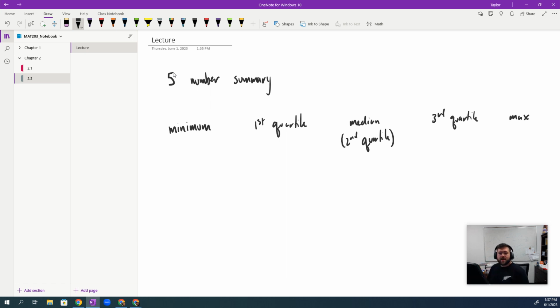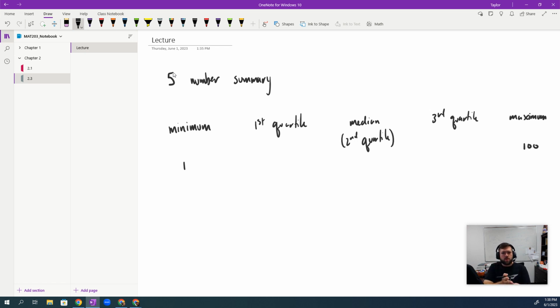So what I actually want you to do right now is imagine the numbers 1 through 100. Okay, so you're just thinking of the numbers 1 through 100. We're starting at 1, all the way to 100, right? Think about the smallest number. Well, the smallest number is, of course, 1. And the biggest number, so I should write the full word out, maximum. The biggest number is 100. And all of our numbers are in order, right?